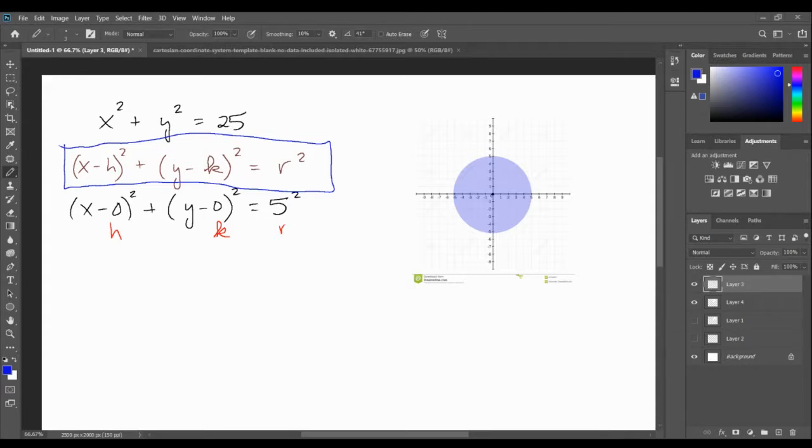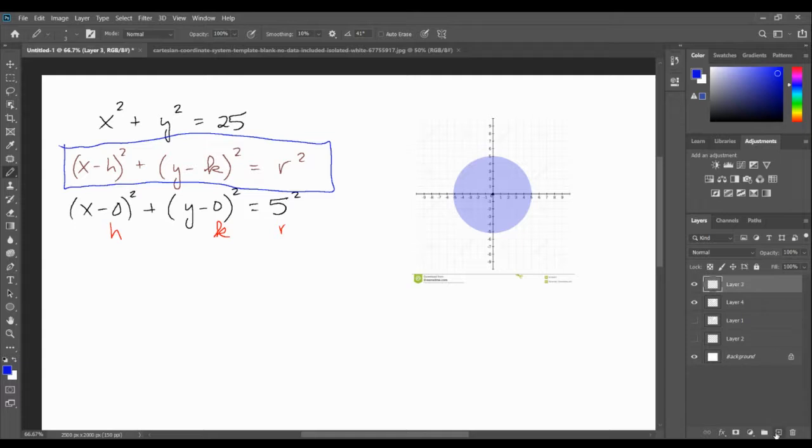That's a really good question. So let me go back to 1.1. I'll pull up question 5. Question 5 for me is y equals 1/4 x plus 9.